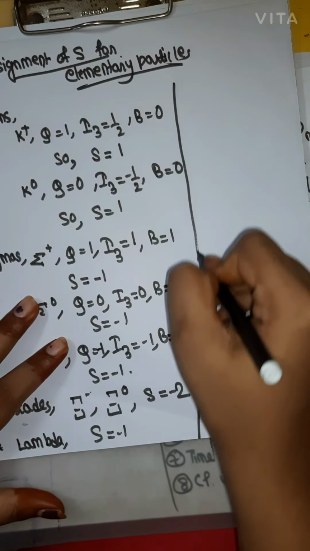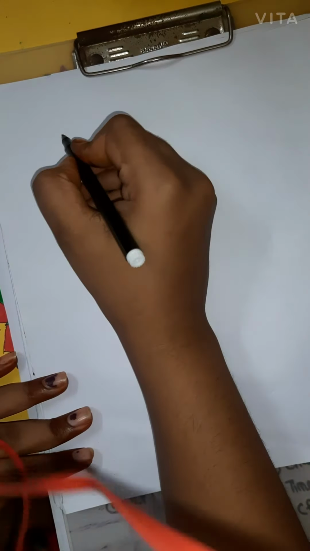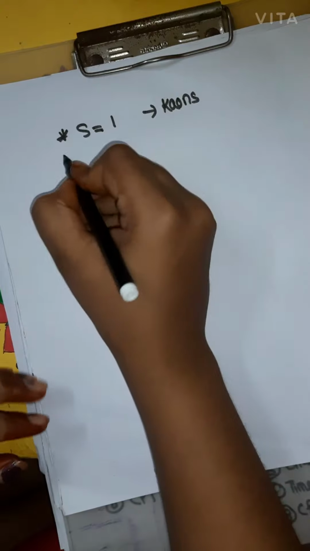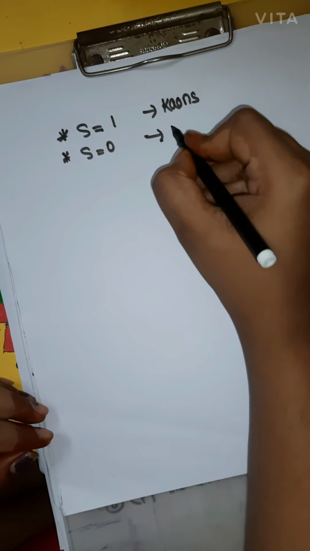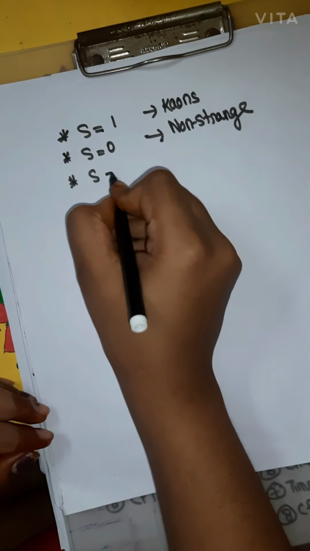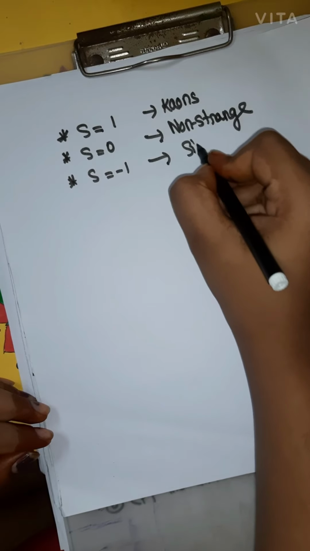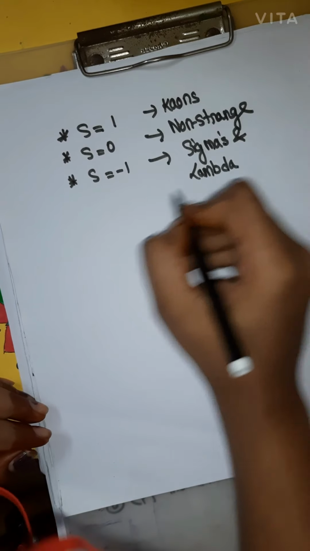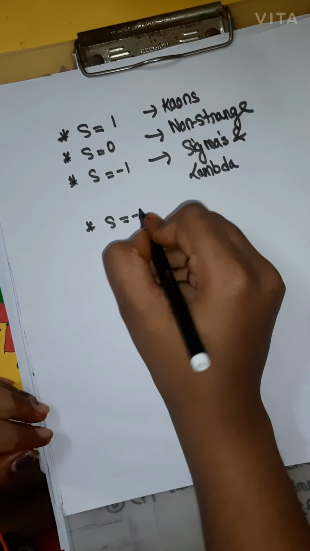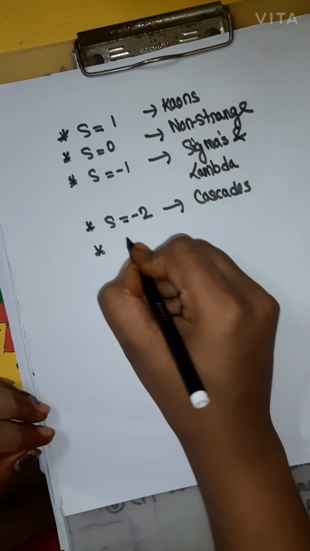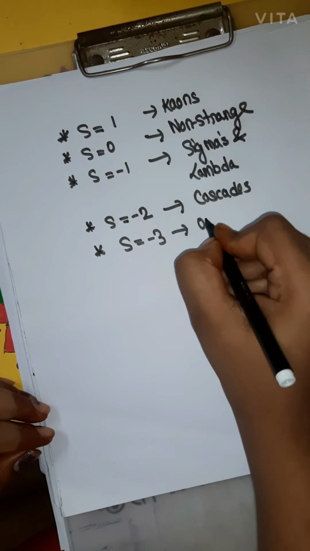If we summarize, we have strangeness of 1 for all kaons, strangeness of 0 for non-strange particles, strangeness of minus 1 for sigmas and lambdas, strangeness of minus 2 for cascades, and strangeness of minus 3 for omega.